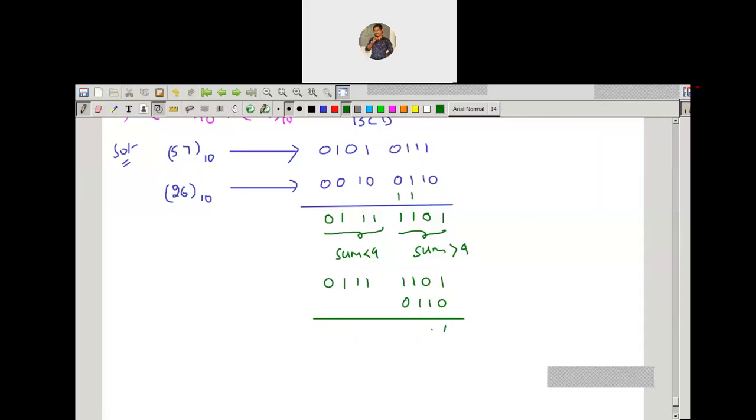1, 1 and 0 with the carry 1, and again 0 with carry 1, 0 with carry 1. Let me take one more color here. 1, 1, 0 with carry 1, again 0 with carry 1, 0 with carry 1, 1.